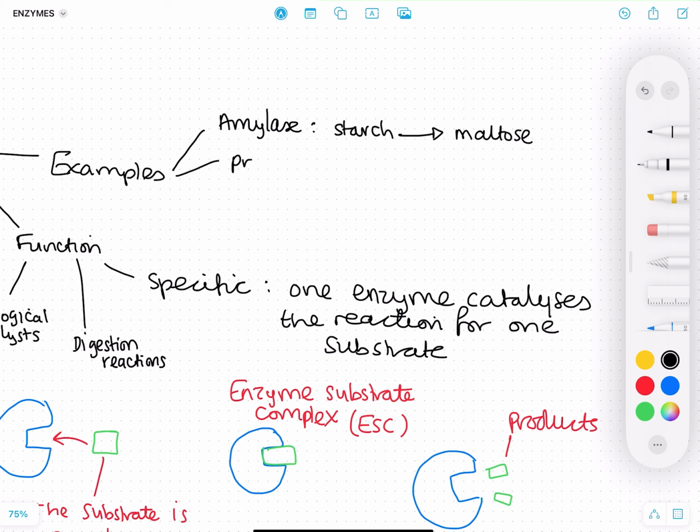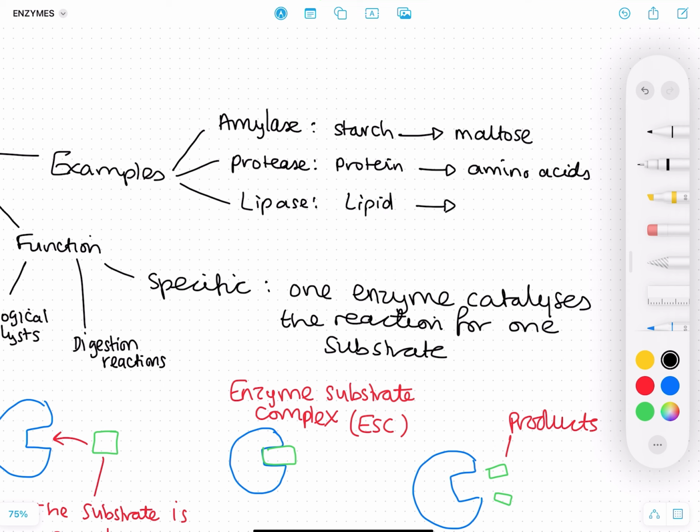Another enzyme, protease, catalyses the reaction to digest protein into amino acids. Lipase enzyme catalyses the reaction to digest lipids into fatty acids and glycerol.